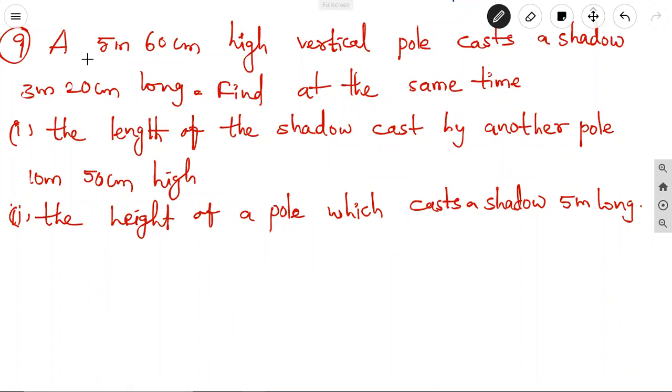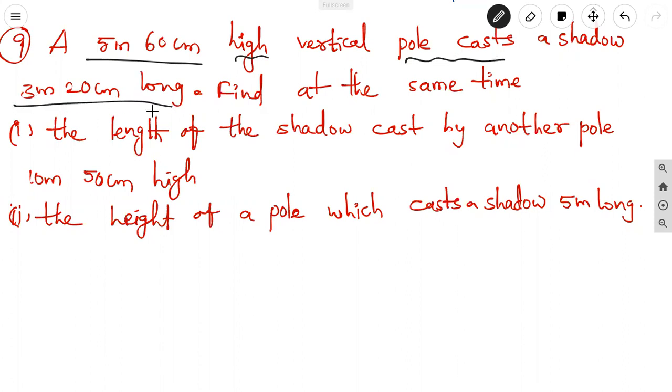Ninth problem. A 5 meter 60 centimeter high vertical pole casts a shadow 3 meter 20 centimeter long. Find, at the same time, the length of the shadow cast by another pole 10 meter 50 centimeter high. We can find out the shadow length in the second case.